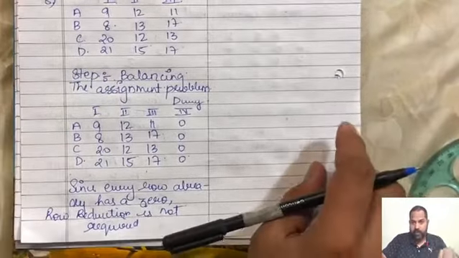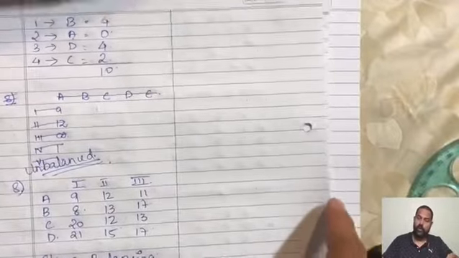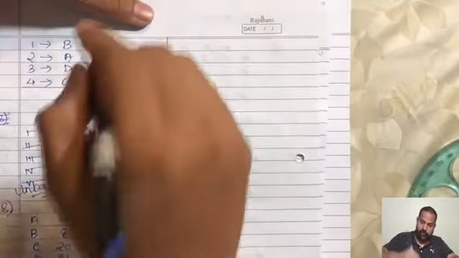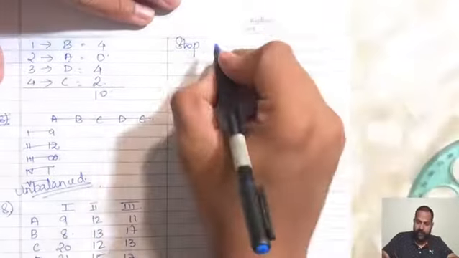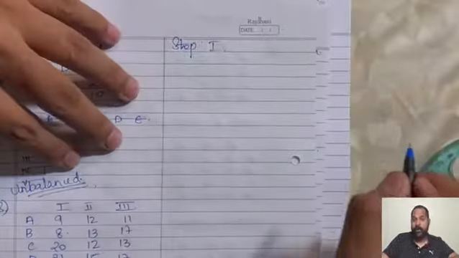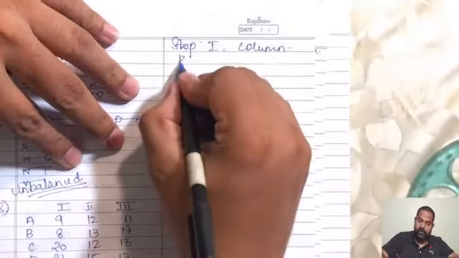So step 1 row reduction is eliminated. We move on to step 2 column reduction. So I move on to step 2, but for me it is going to be step 1. Step 1 column reduction.